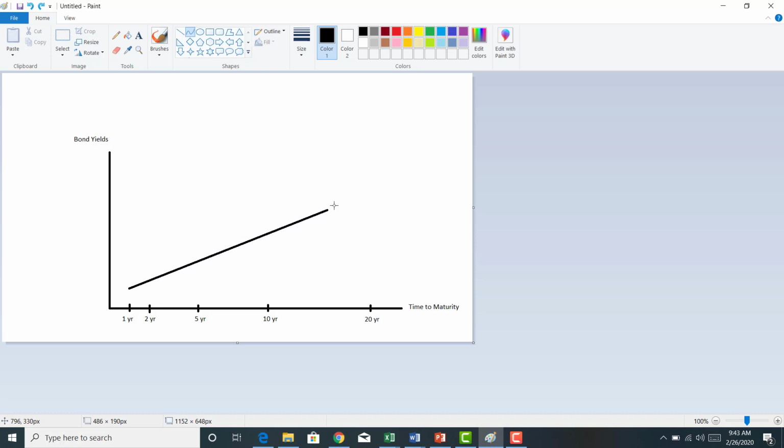Likewise, this yield curve should be upward sloping. In a hypothetical world where bond yields are only concerned about default risk, we should find an upward sloping yield curve. That is what we traditionally find.